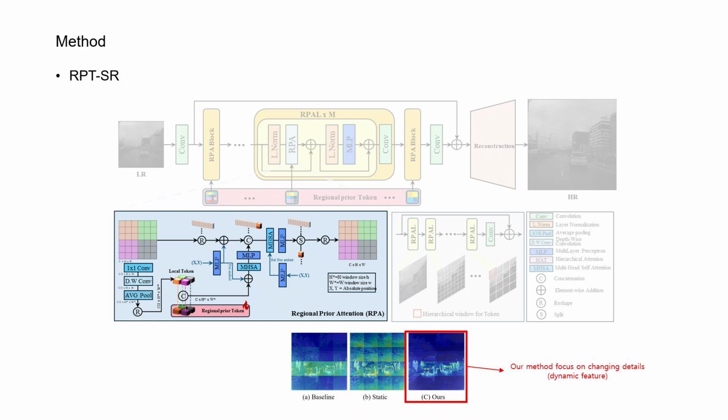Then, we fuse these two tokens by concatenation. This fused token is then processed through attention. This enables the model to leverage regional priors as structure guidance, while adaptively focusing on dynamic details in the current frame.